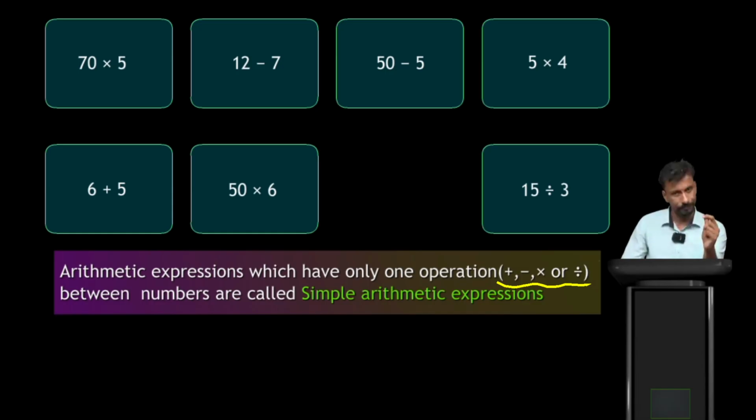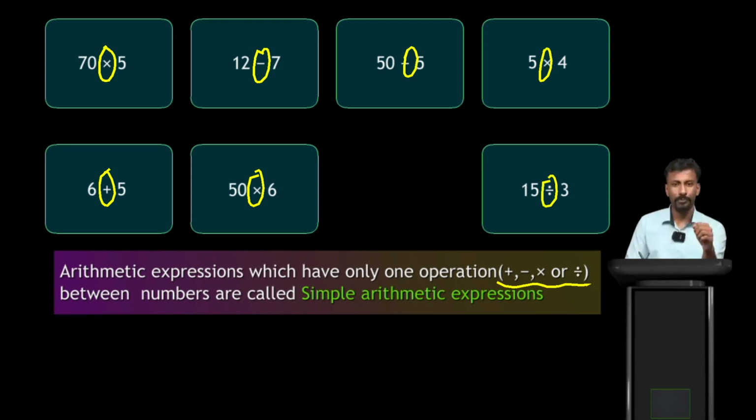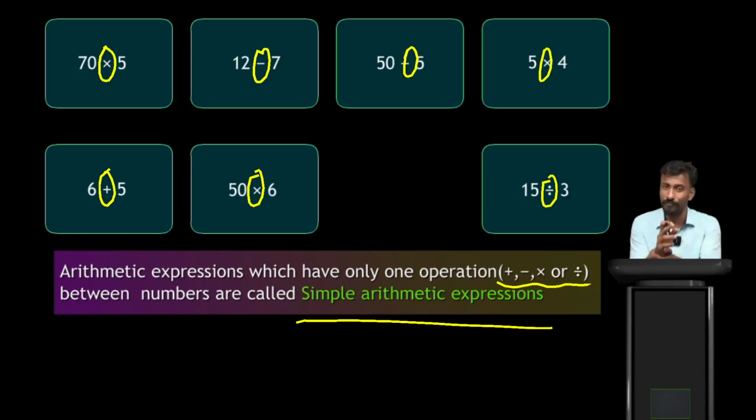Only one operation is there. So these types of expressions are simply called simple arithmetic expressions. That is another definition. You can simply say that if an arithmetic expression has only one operation in it, that expression can be called a simple arithmetic expression.